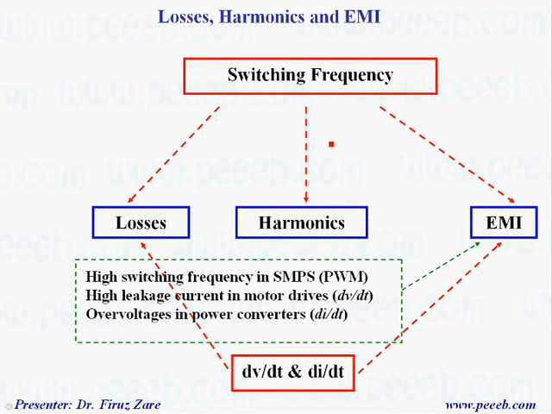So the last factor is EMI. Basically EMI can be affected by switching frequency and also dv/dt or di/dt. In one application, I would like to highlight the problem associated with switching frequency. For example, in switch mode power supply, in some applications we like to increase the switching frequency.